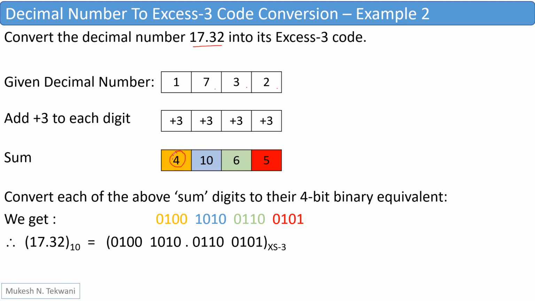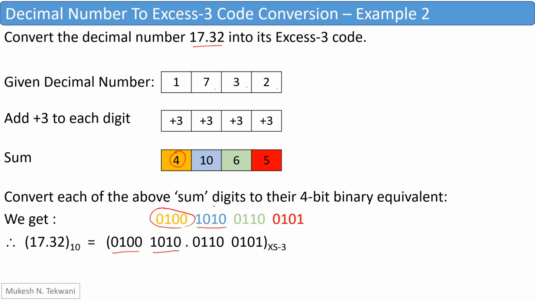Now, we convert each of these decimal values into its equivalent 4-bit binary. So 4 has the equivalent value 0100. Similarly, 10 has the equivalent value 1010. 6 in 4-bit binary is 0110, and 5 is 0101. And therefore, 17.32 of decimal is equivalent to 0100, the first part, then 1010, the second part.